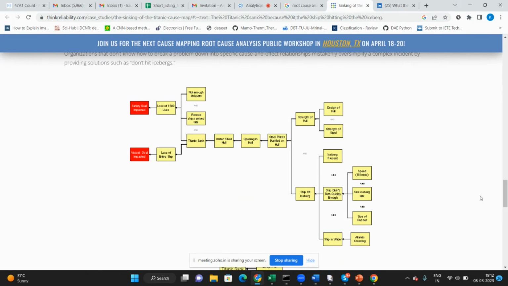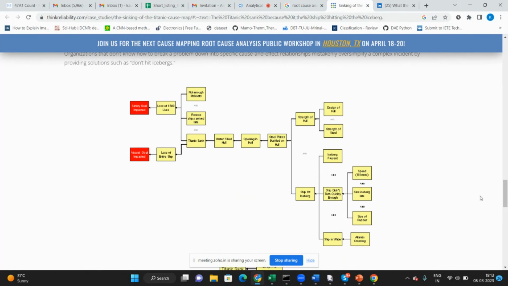If you are the ship manufacturer, you will focus on what is important for your company. If your company says focus on the design challenges first, focus on the hull design. Or if the company says focus on the ship operation, then you will focus on the ship speed or binoculars and all of that.